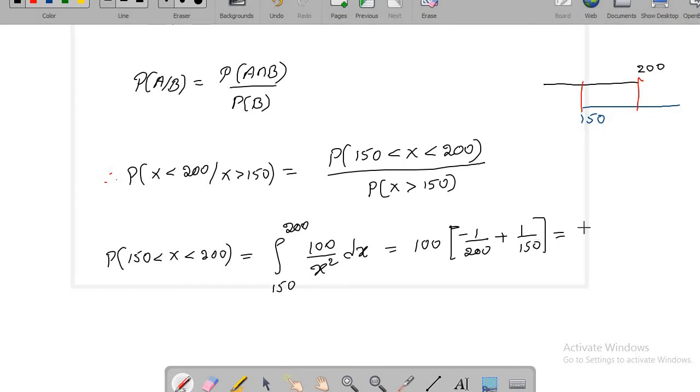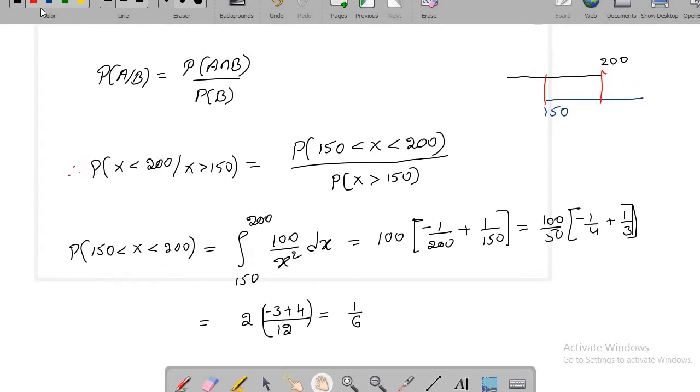So you can take 50 common. So 100 by 50, and here I have minus 1 by 4 plus 1 by 3. And this will be 2 times LCM is 12, negative 3 plus 4. That's equal to 1/6.